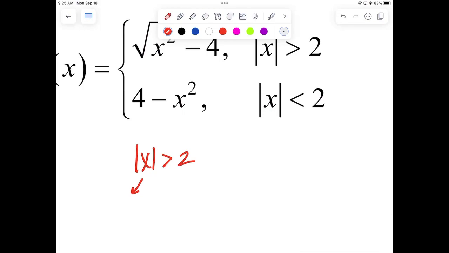That means that you say x is greater than 2 or x is less than negative 2. That's what that means.